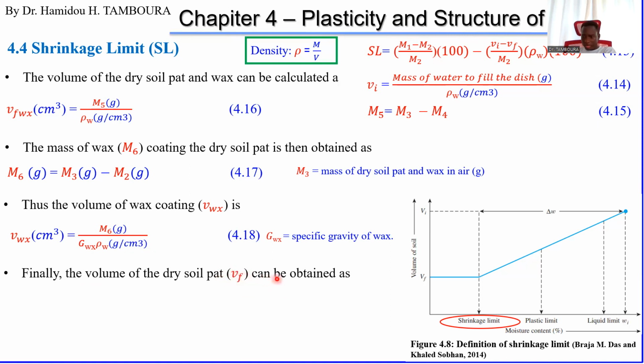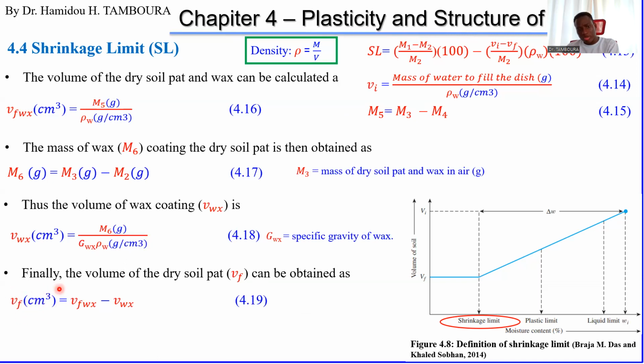It's tough, eh? I understand. If you don't, it's complicated for you. The new testing method is more complicated than the previous one, right? But this is how it works. So finally, the volume of the dry soil part can be obtained by using this formula.